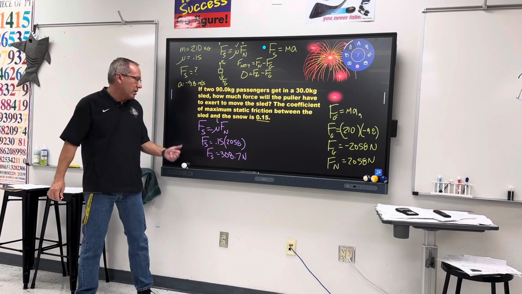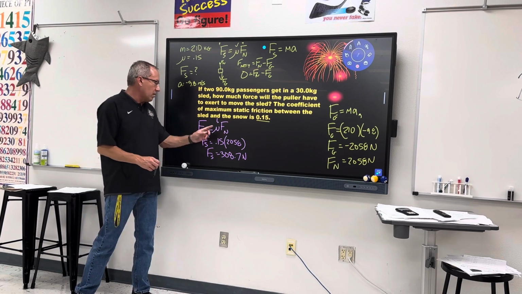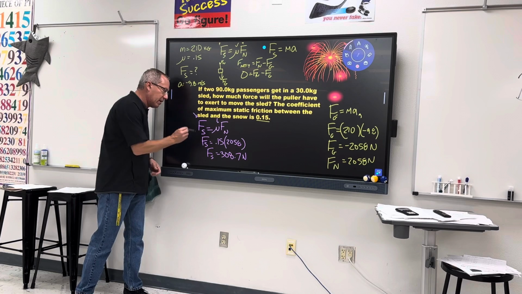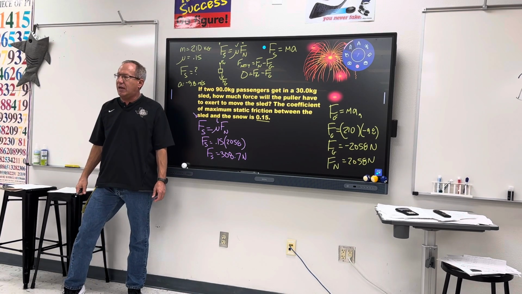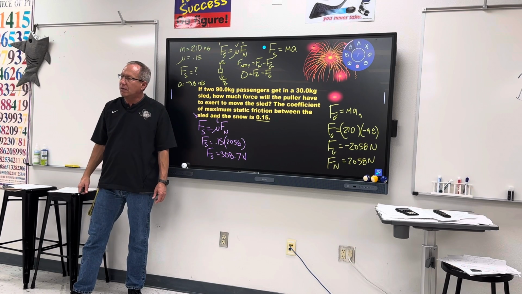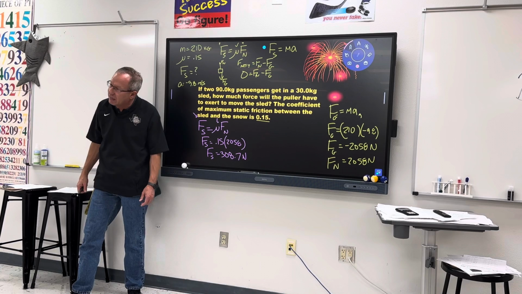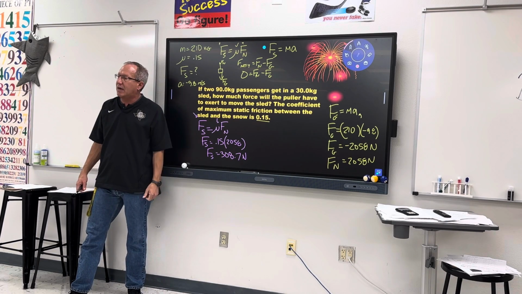The normal force is always going to be positive, isn't it? So a positive times a positive will always make that positive calculation-wise. But you have to go back in and change the sign on your own if direction matters. If I was pushing this thing to the right, then the friction's to the left, it would be negative. You have to put that sign back in there. You got it? Does everybody see that?